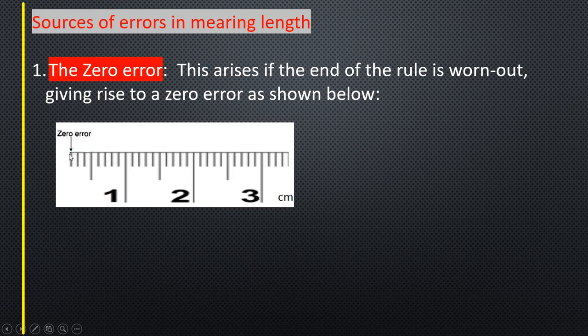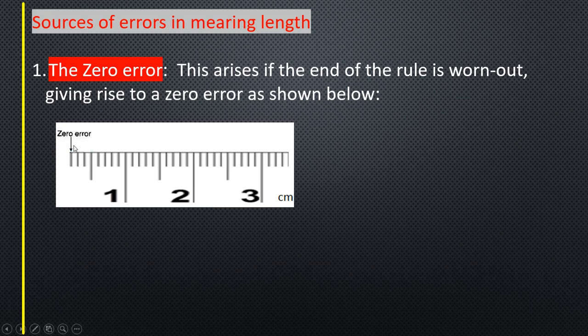Now 2 divisions have been cut off. So when you use an instrument which is not starting from 0, then you have what we call the zero error. You put an instrument, you will be reading 3.4 something centimeters, but actually the two divisions beginning from 0 were not there, and that has created what we call the zero error.